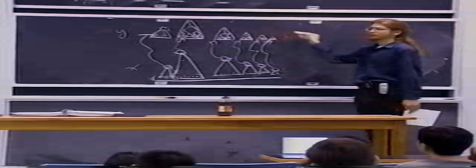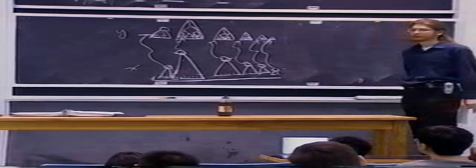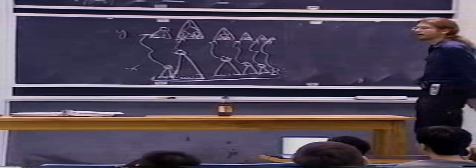Search in all of these. And the key thing is that there's only log n of these subtrees. So I don't have to do too many searches. So what's the total running time here? Log n squared, right?